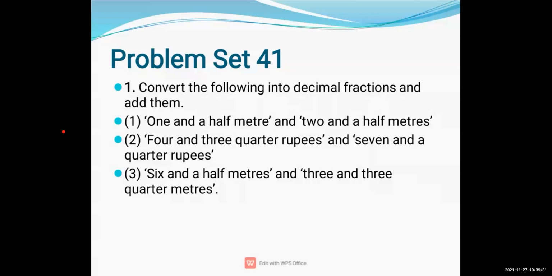So the first question is 1.5 meter and 2.5 meter. See here. 1.5 meter को add करना है 2.5 meter. Now how you are going to do it? I'll explain to you. See. Don't write now. First see the explanation.